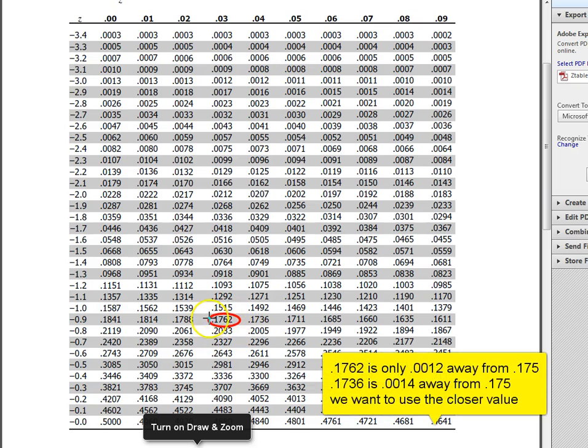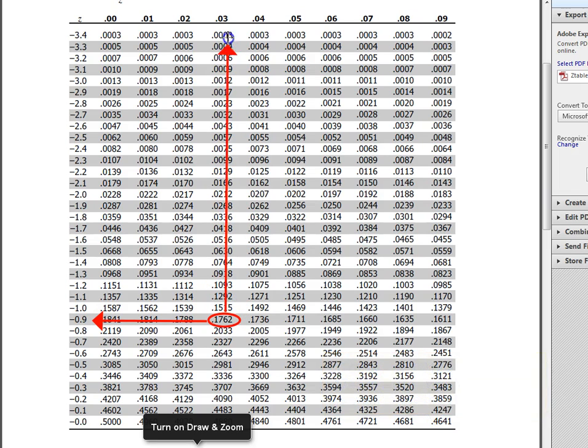This is slightly closer than the number just to the right of it. So we're going to use this number to find our z-score. We go to the left in that row to find negative 0.9, the first decimal in our z-score, and then up the column to find our second decimal. So our z-score is going to be negative 0.93.